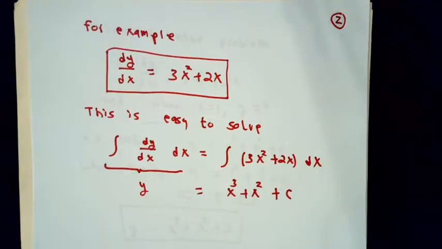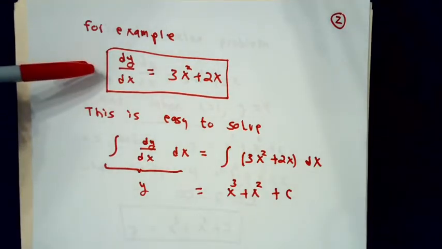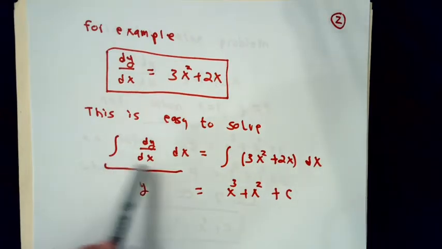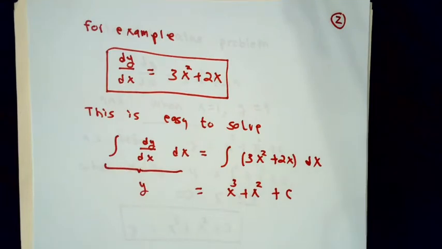As a very simple example of this sort of thing, this is a differential equation. The derivative of y with respect to x is 3x squared plus 2x. Naturally, this is easy to solve. Integrate both sides. On this side, we're looking for an antiderivative for dy/dx.